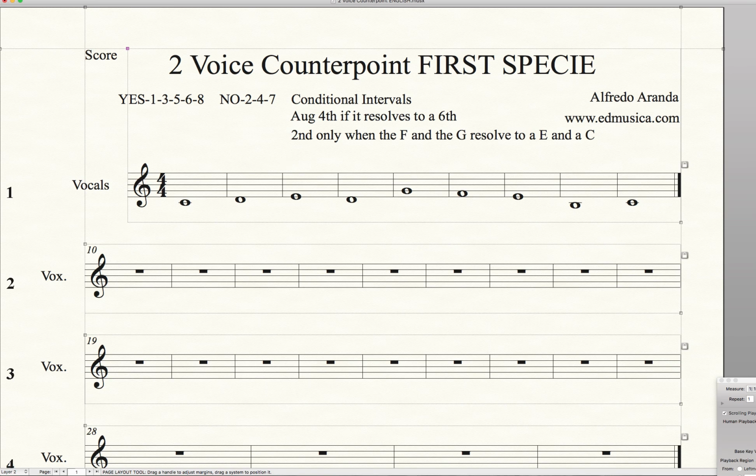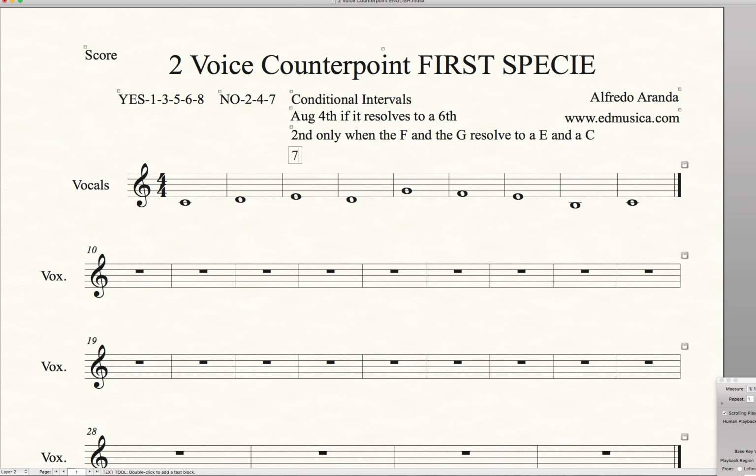Okay, and there is another conditional, which is the seventh, only the same thing when the F or the G and the F. I'm writing it this way because the G needs to be in the bottom and the F, so this makes a seventh and resolves to the C and the E. Okay, and I'm gonna write some of this.